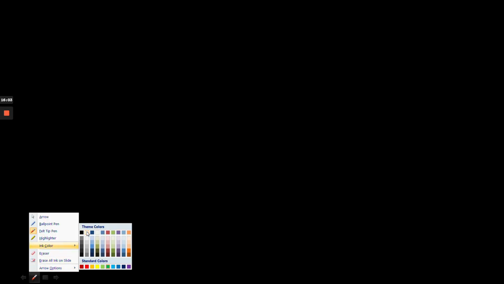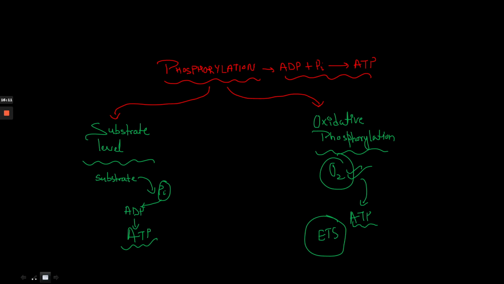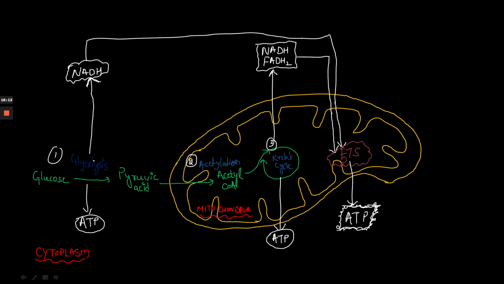Now let us just quickly start with aerobic respiration. If you remember, in aerobic respiration the very first step was glycolysis, and we are already done with the glycolysis process.